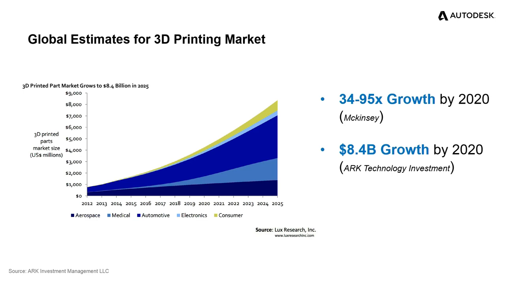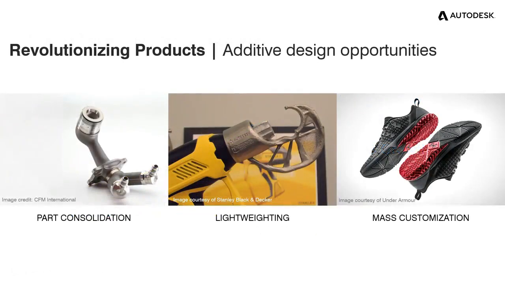We've always thought about additive manufacturing as maybe it's just going to be in the aerospace industry. Within the next few years, we really see it moving outside of just that. And some of the market research that we've seen is that we're expecting anywhere from 34 to 95 times growth within the industry. So there's certainly a lot happening here. We need to really understand why that growth is happening and how you can apply it.